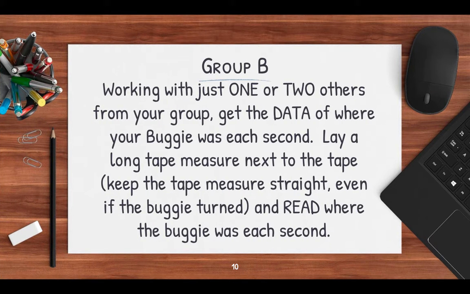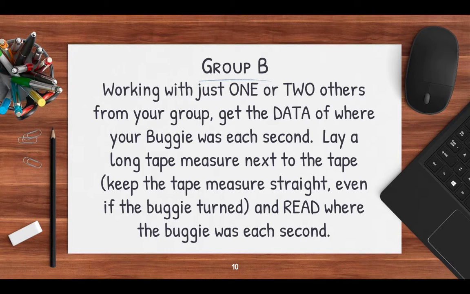Okay. Now, while Group A is doing the bubble tubes, Group B is going to be getting the data from the Buggie lab, where just like we did the long pieces of butcher paper, you're going to lay a long tape measure next to the tape. You've got to keep the tape measure straight even if the Buggie turned.